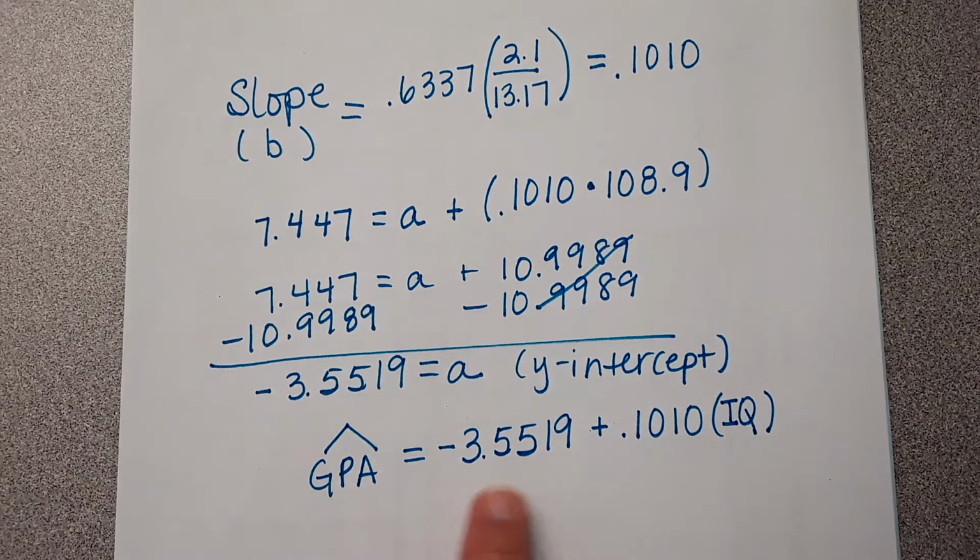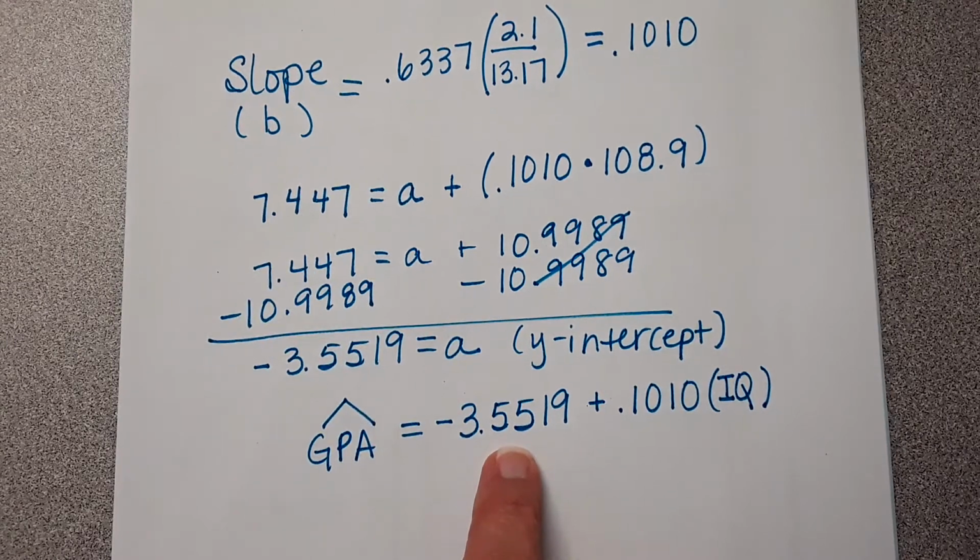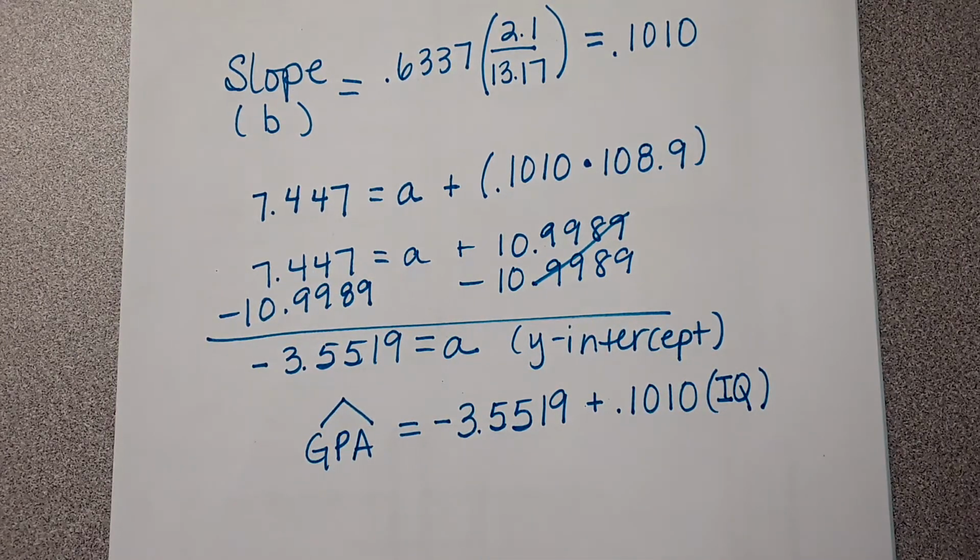So what does our y-intercept mean? This right here. What do you guys think? When IQ equals 0, they have a negative 3.5519 GPA. Exactly. When you have an IQ of 0, your GPA would be negative 3.5519.